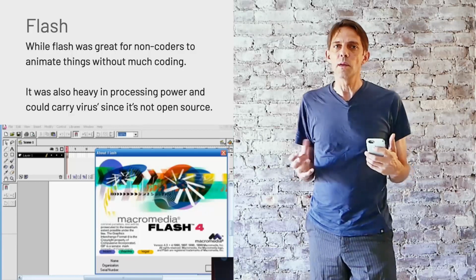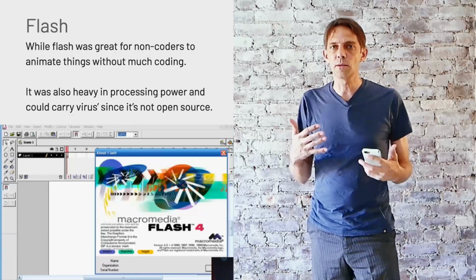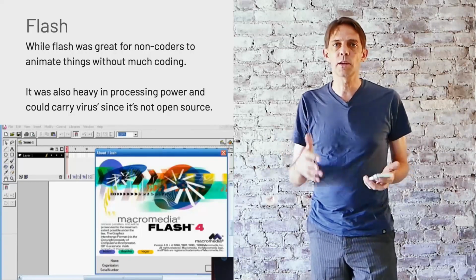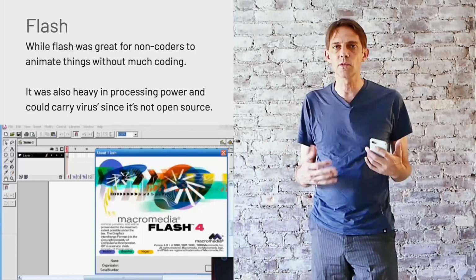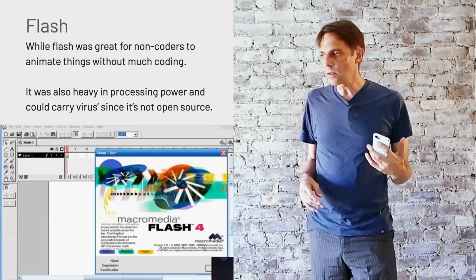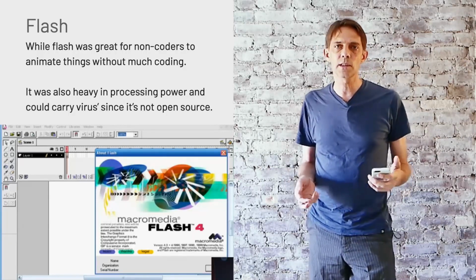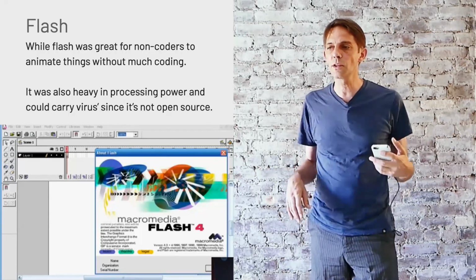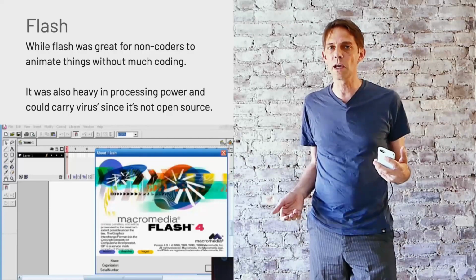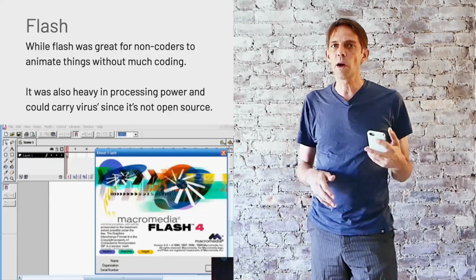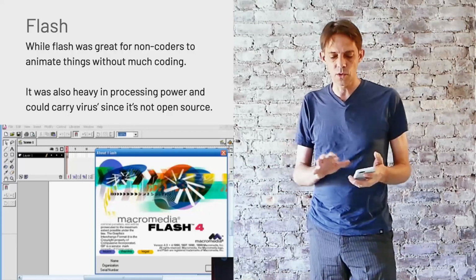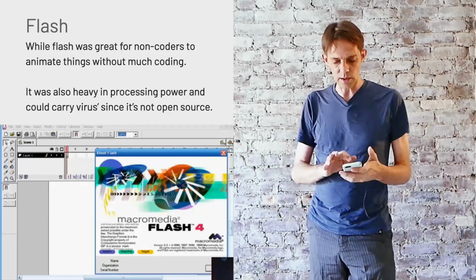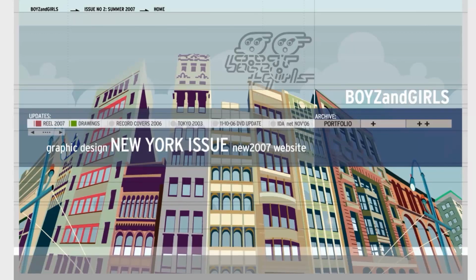So there was a danger that hackers could put malware into the buttons where you clicked, and it would download something to your computer that you didn't even know why you installed. I think that was one of the main reasons it was a security risk, and it was also really heavy on the bandwidth. With the web exploding so fast, they didn't want a program that would consume that much bandwidth.